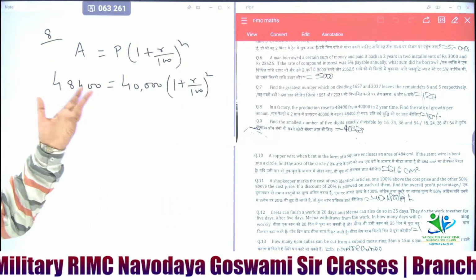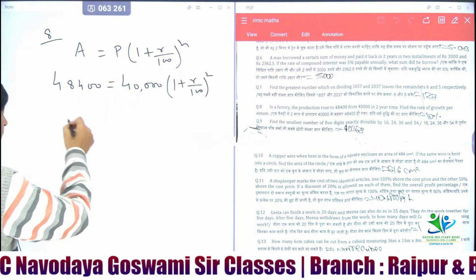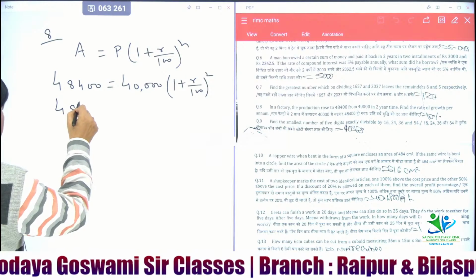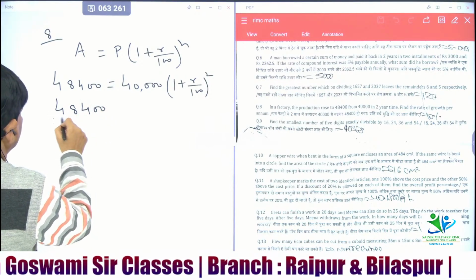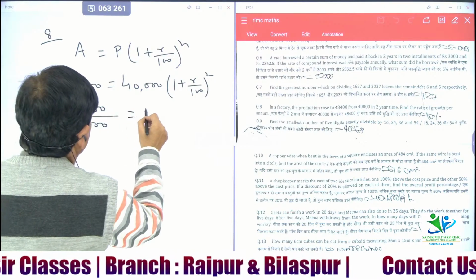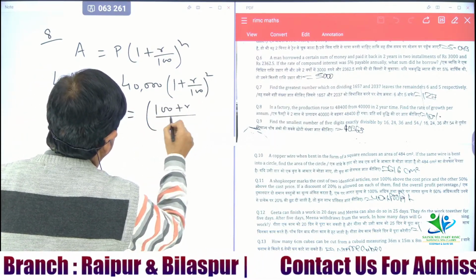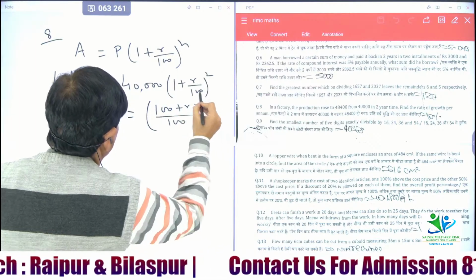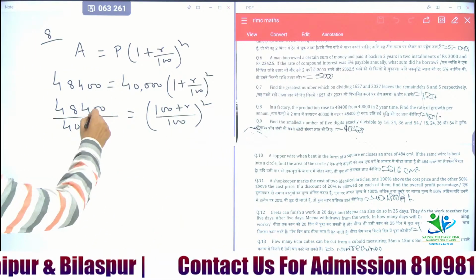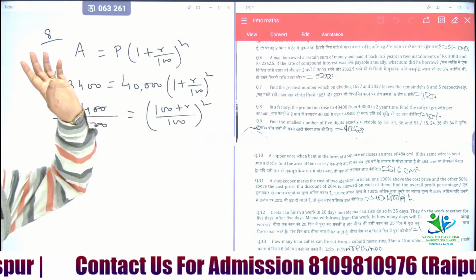This type of question is very easy, and you transfer the value of P here, and you get here 48400 and here 40,000. And this one is (100 plus R divided by 100) to the power 2. Here 2 0 cancelled, and see the exponent here is 2.